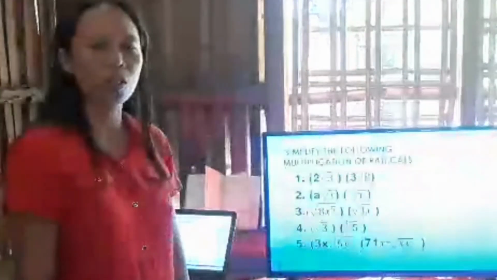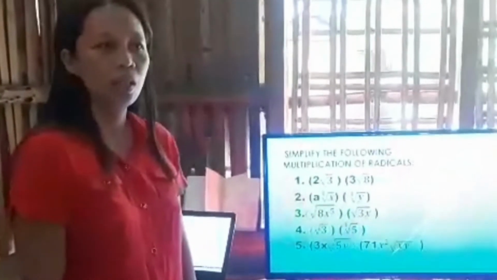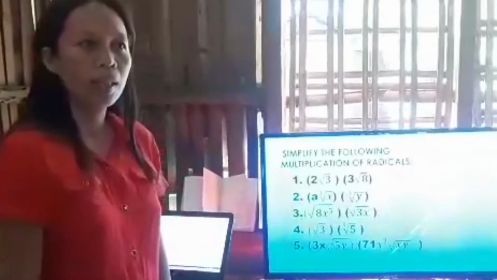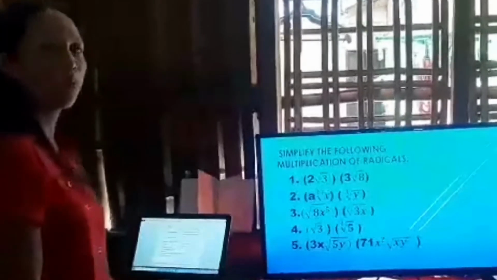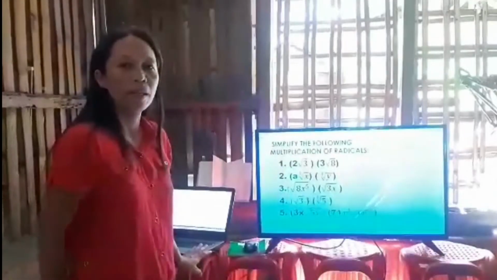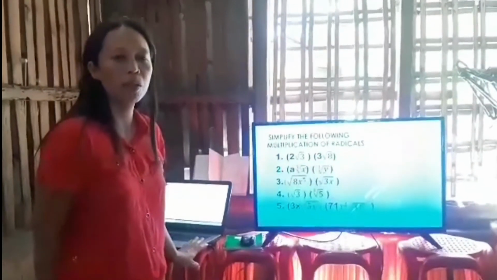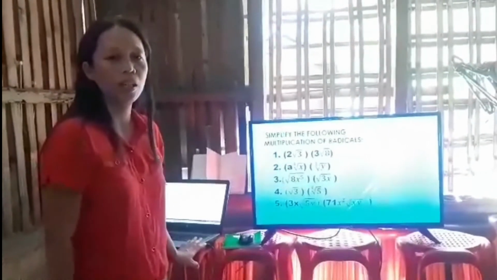Okay, multiplication of radicals. So, how are you going to solve the multiplication of radicals? What are you going to do if the index is not the same? So, how did you multiply radicals? Since you already know that radicals with the same index, you simply multiply the radicand and the coefficient.